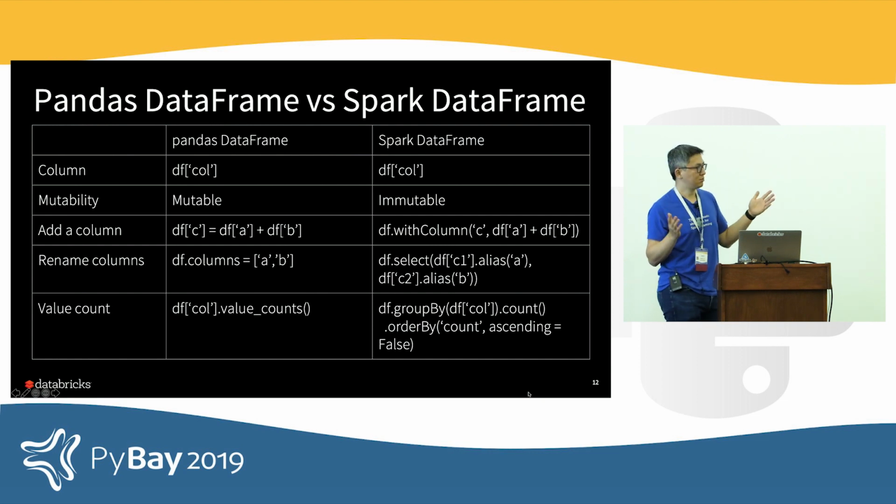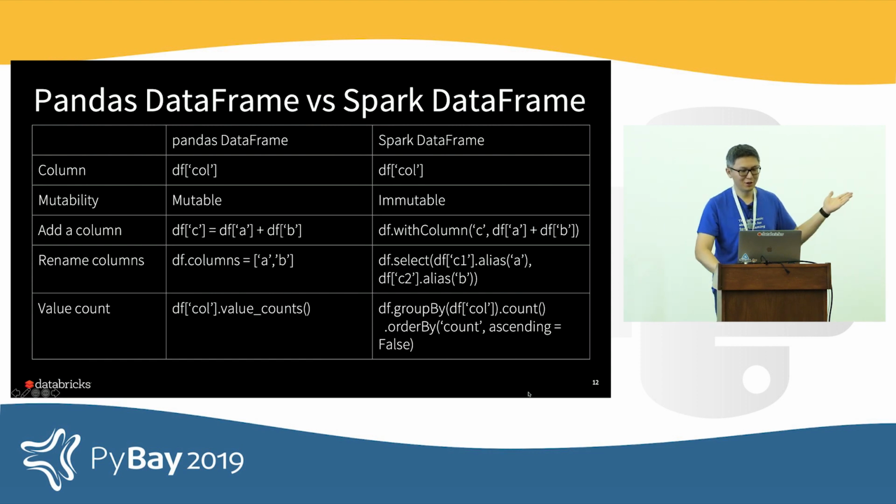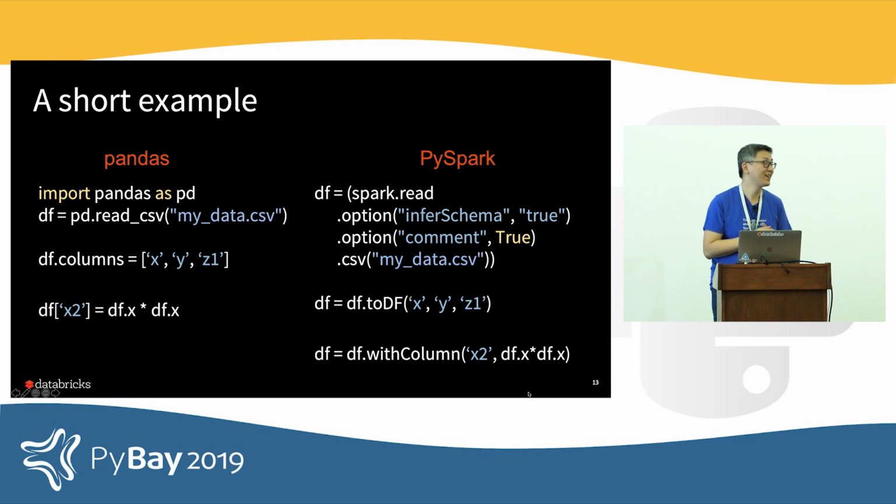And because sorting is not cheap, especially for big data, we don't sort for you. In the Pandas DataFrame, it has an index, so it is very cheap. Here you have to specify which column you want to sort by. It's just longer and not easy.